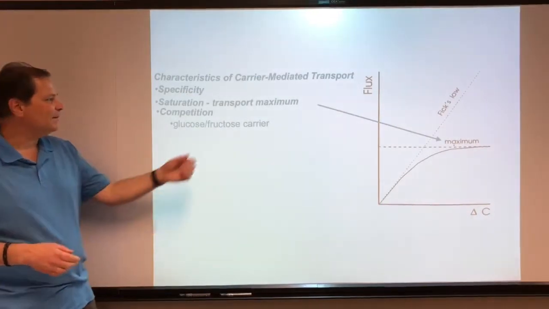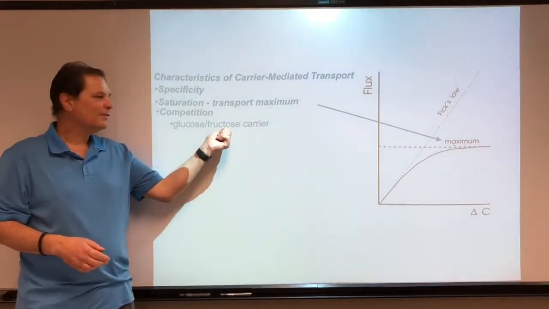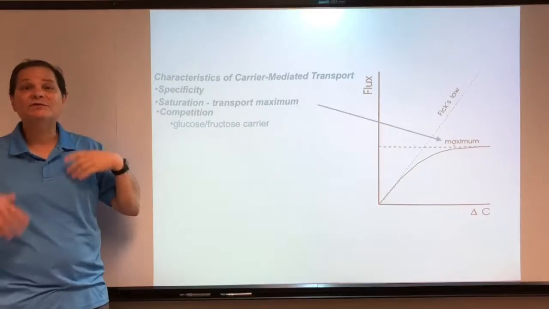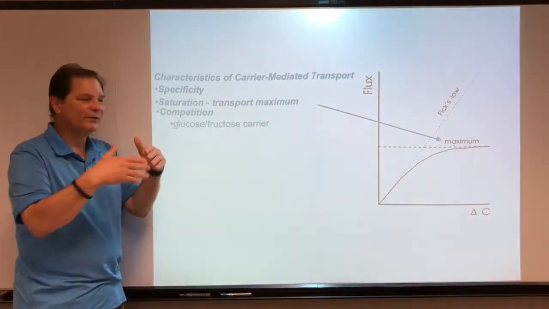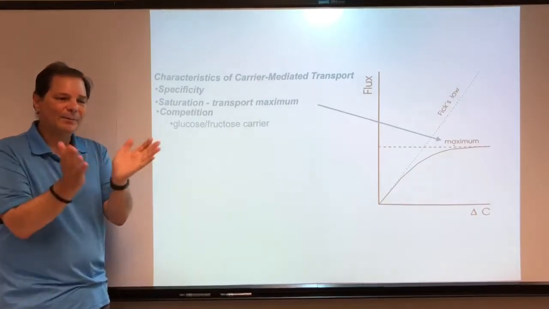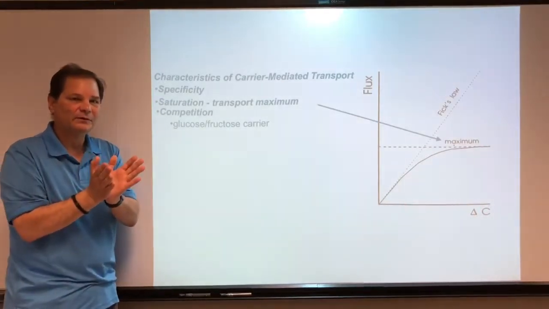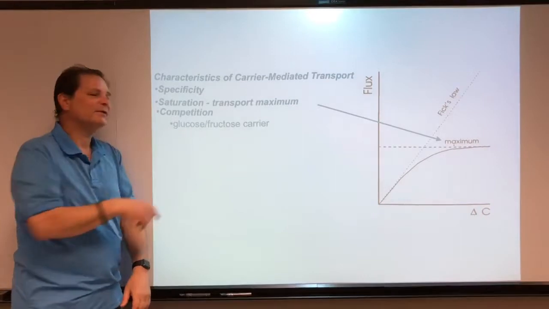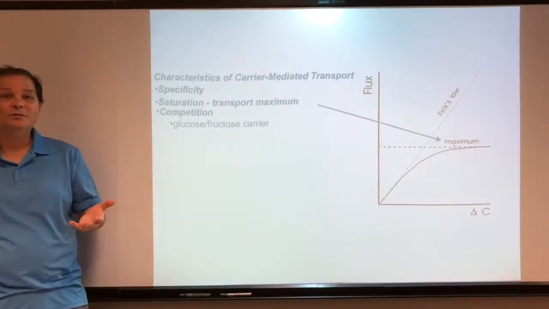But if there's a bunch of fructose there with it, the rate of glucose transport is going to drop, because that carrier is also going to carry fructose. And the more carriers are binding to and transporting fructose, the less carriers are binding to and transporting glucose.